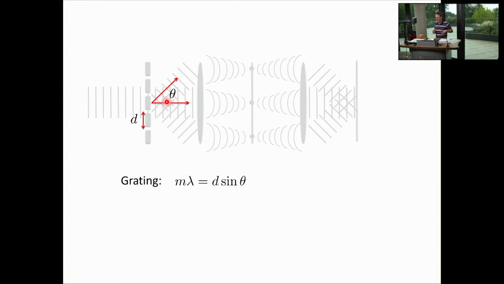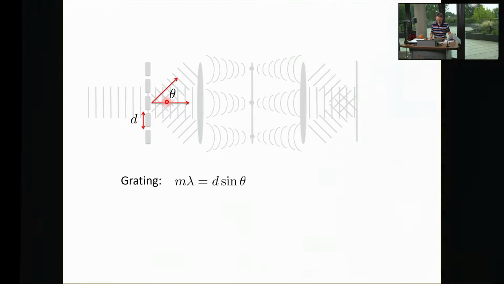And just to recap that with you, I will go to the paper briefly and show how we derive these angles for the maxima. We've seen something like that already for Young's slit experiment, but just for a grating that is illuminated by a plane wave, like so.